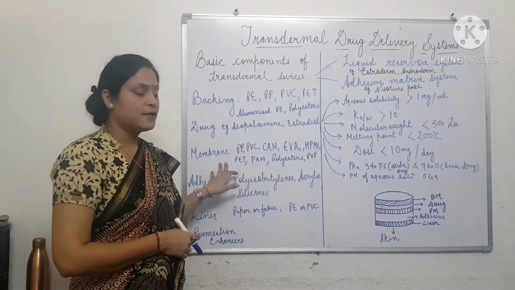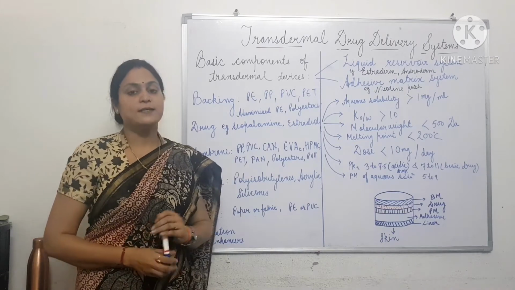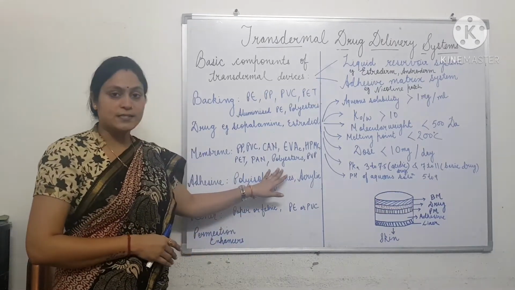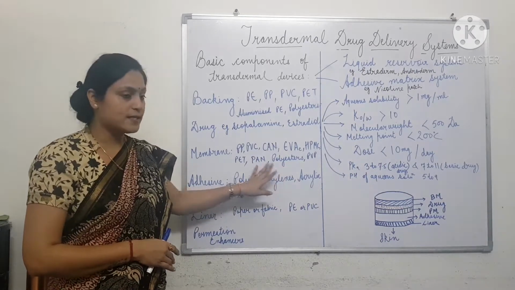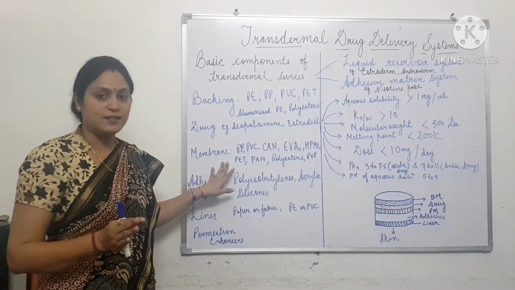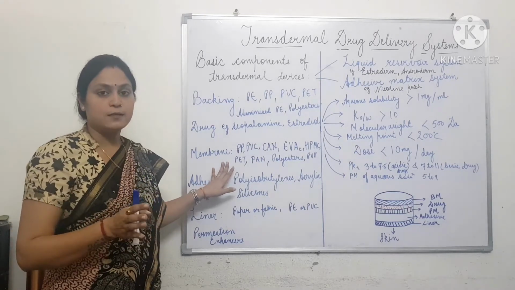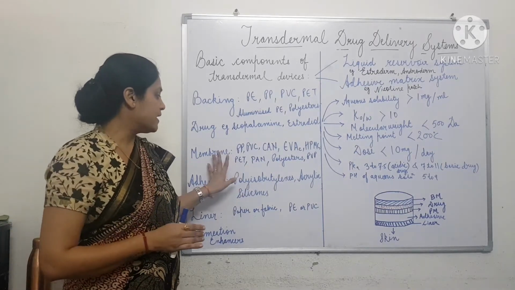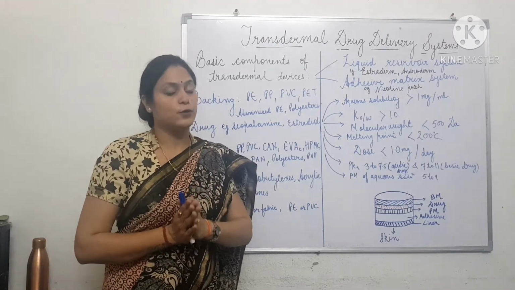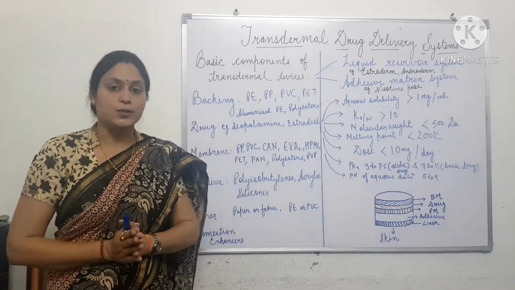So this polymeric membrane should have certain properties: being non-irritating to the skin and non-toxic. This polymer should not decompose during storage of transdermal patches. Throughout its storage it should not decompose, and this polymer and its metabolic products should be non-toxic.